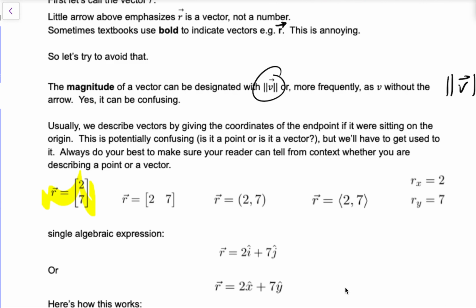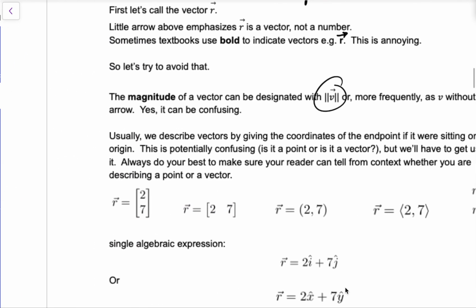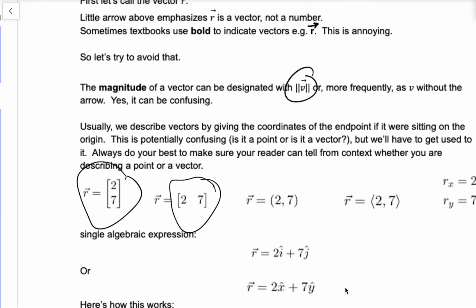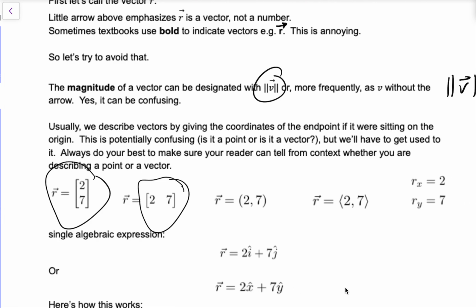This first one that I just highlighted is a very linear algebra kind of vector. It's indicated with two values, one on top of the other. This is also a linear algebra one. They're both valid. You can indicate it with this ordered pair type notation.